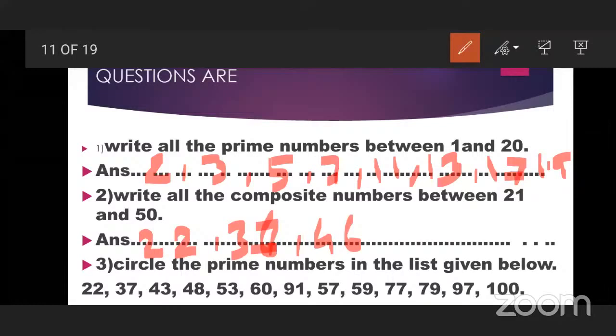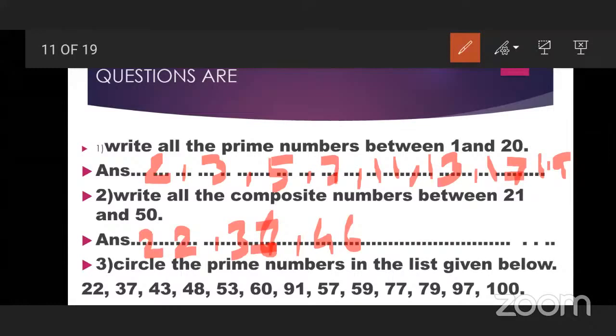Then 46, then 48. So these are composite. 37 is not a composite number, because 37 has only two factors, one and the number itself. So write all the composite numbers between 21 and 50.